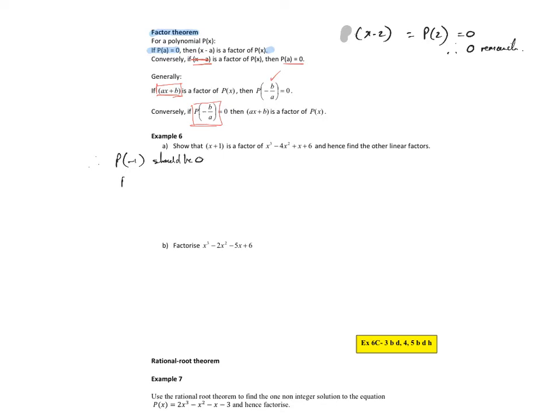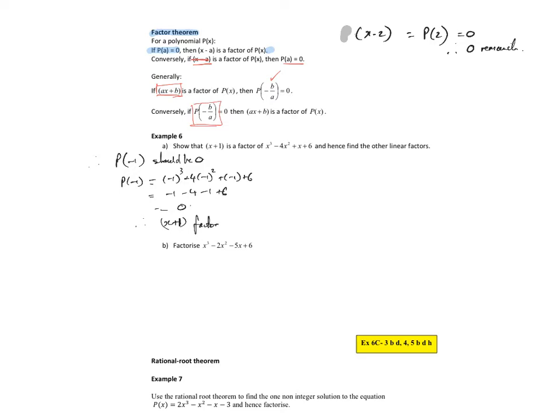So p of negative 1 is equal to negative 1 cubed minus 4 times negative 1 squared plus negative 1 plus 6. Negative 1 minus 4 minus 1 plus 6 is equal to 0. Therefore, x plus 1 is a factor.